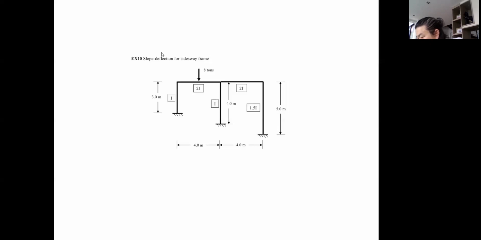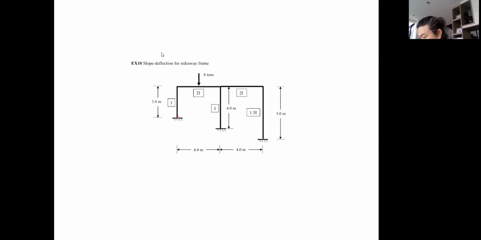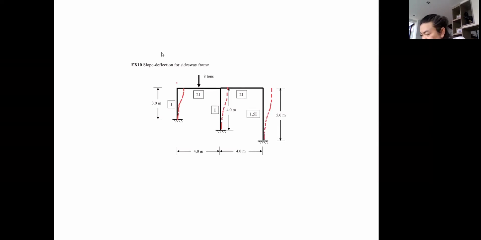The frame will go, it's hard to say which side it will go. So let's suppose that it's just going to go to the right. Okay. Now these three columns should share the same unknown, that is this delta.